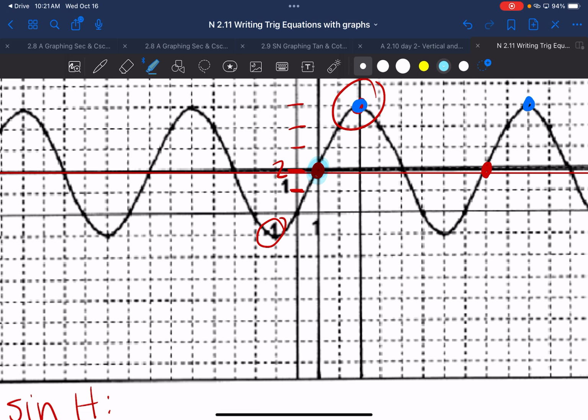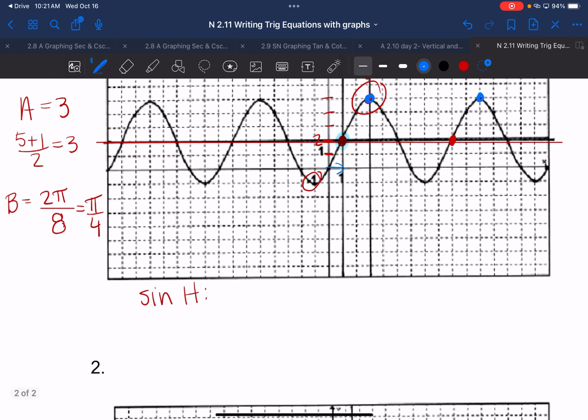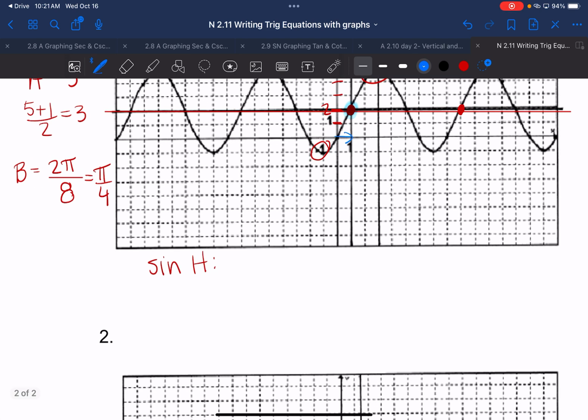So it looks like they moved over one line to make that happen. So if they move over one line to the right, what do I put in the parentheses? Minus. All right, so X minus 1.